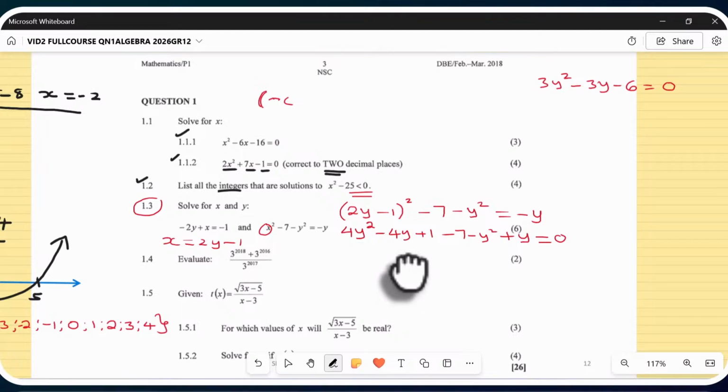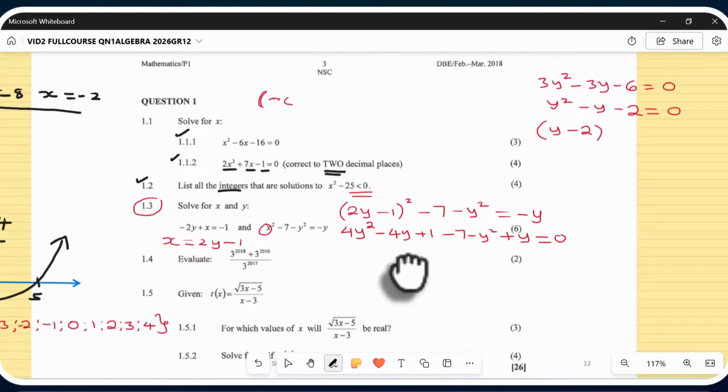But don't forget our x. Our x, we say it is x equals 2y minus 1. Our y is 2.